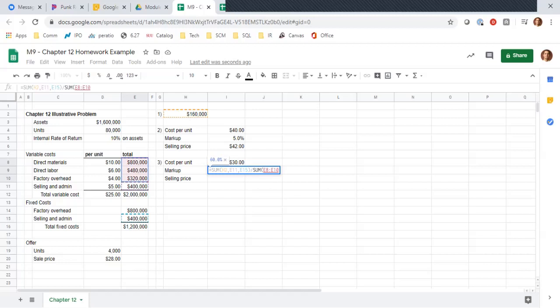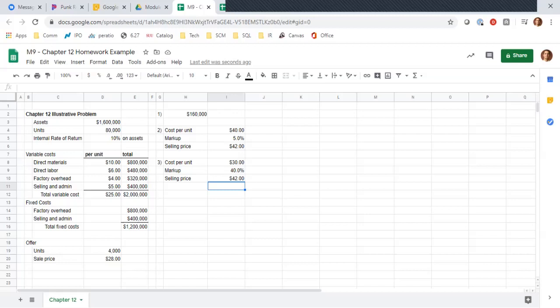So our variable manufacturing and our fixed manufacturing gives us a markup of 40%. So the markup of 40% itself is just our cost per unit times our markup percentage. So we need to mark this up by $12. I'm going to do that by just adding our original cost per unit. And there is our selling price.